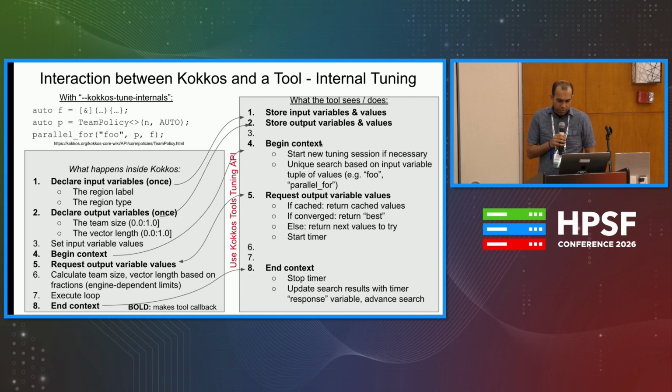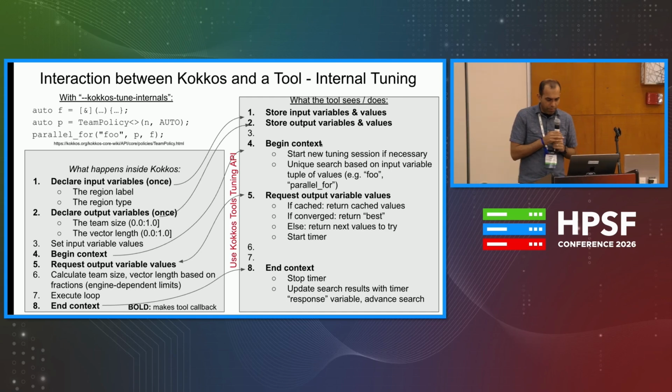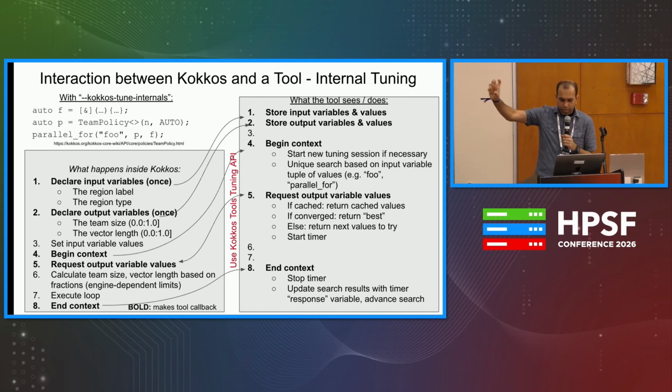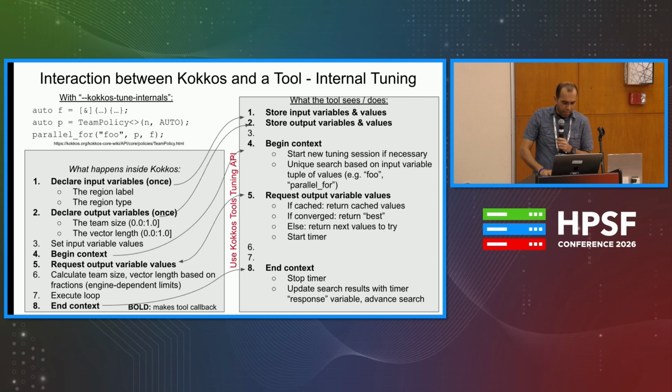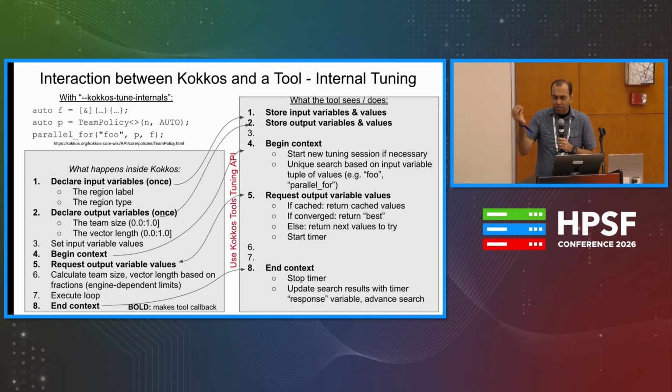There's a callback in Kokkos Tools for creating a context for a tuning session, and from that, there's this exchange between the Kokkos Runtime and Kokkos Tools to request the output variable values, which essentially provide that tuned result.